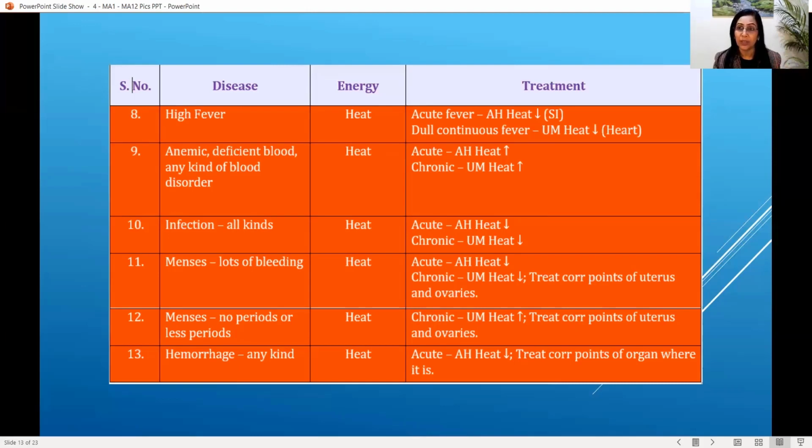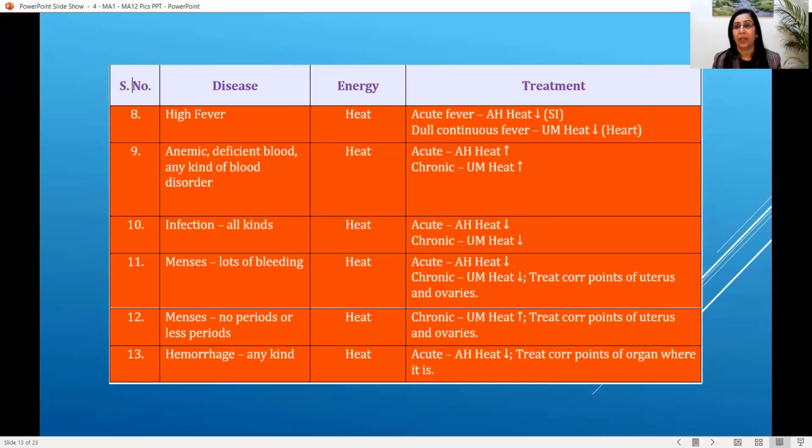If the problem is acute, which has suddenly expressed itself, you tonify, because you are anemic. There is less blood in you. So especially for anemia, you do tonification, and that is tonification of the heat meridian, which is the small intestine meridian. And for chronic problems, if a person is chronically anemic and has a serious issue of being anemic all the time, he should treat the heat meridian, which is the heart meridian.